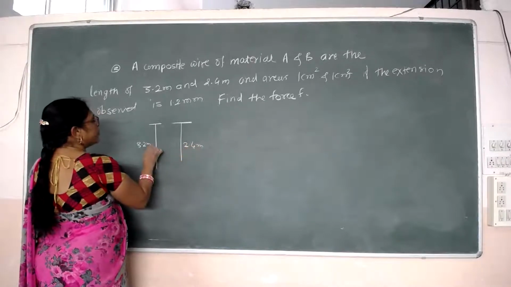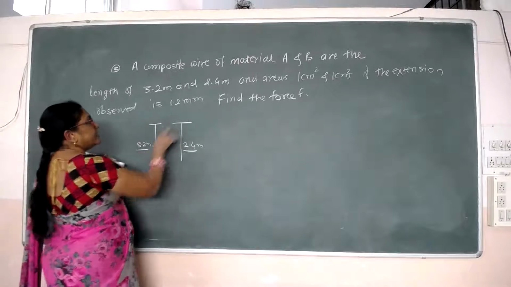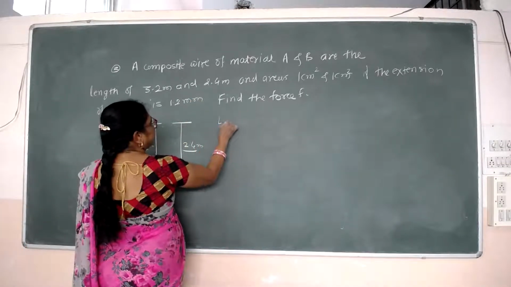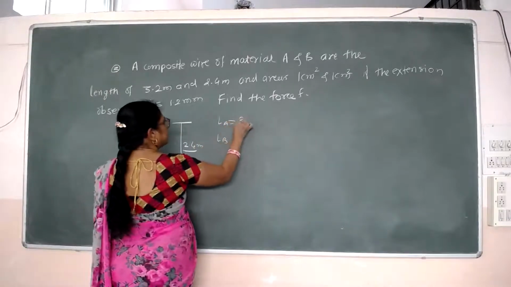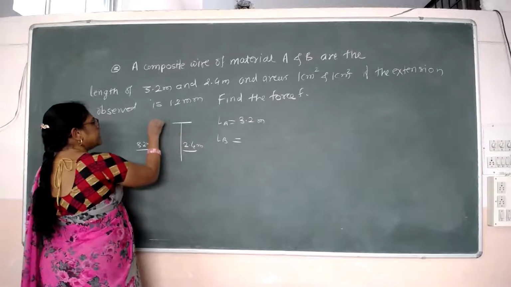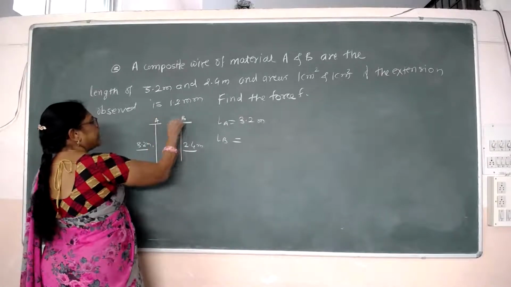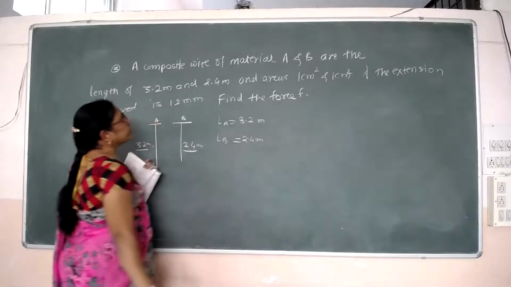This is the original length of the wire, L. There are two wires, LA and LB. Length LA is equal to 3.2 meter, and the length of the second wire, B, is 2.4 meter.